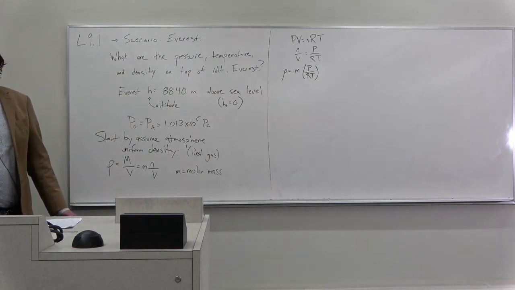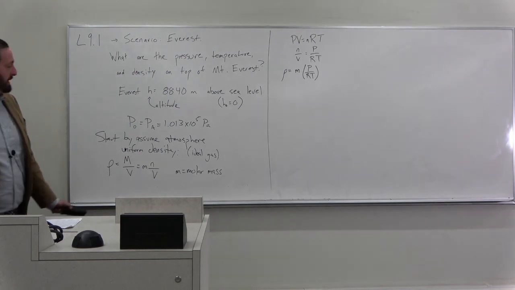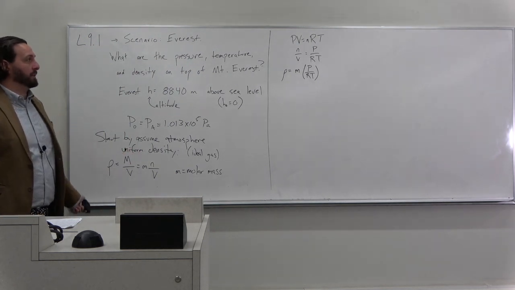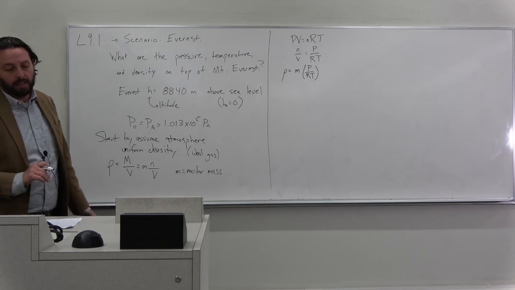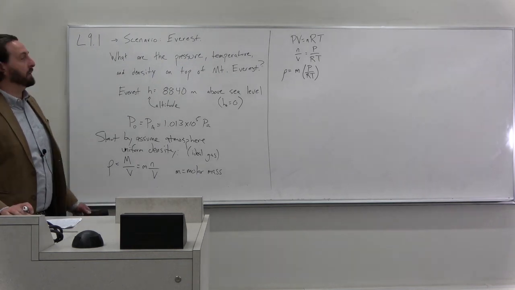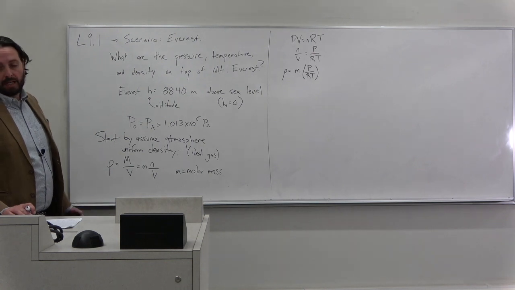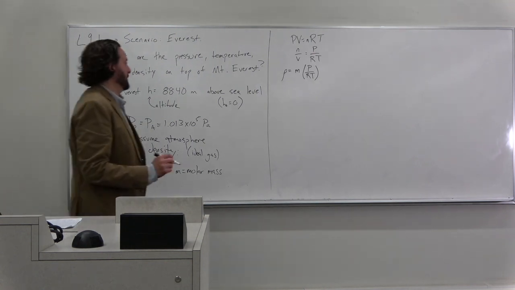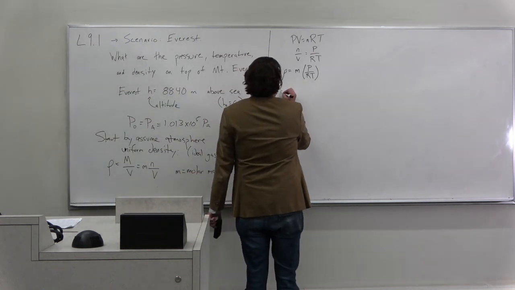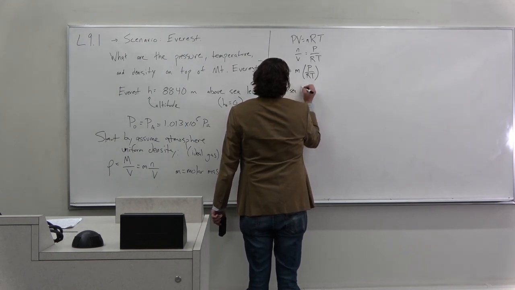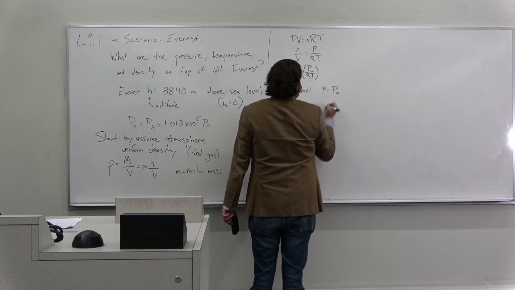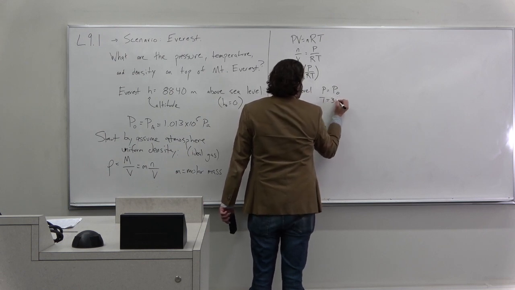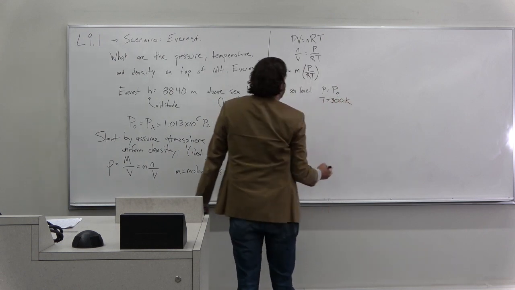Okay, so we're just calculating what that uniform density is. So do we know these numbers? Well, at sea level, we had P equal to P0, and T was 300 Kelvin, let's say.